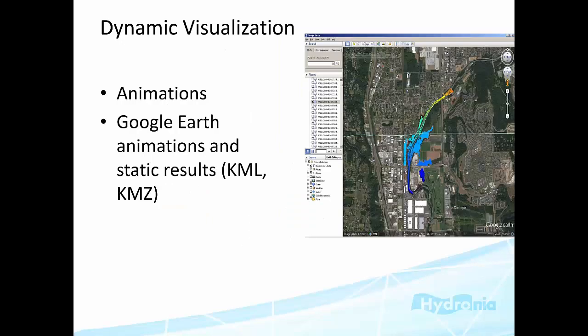In the full version, you can also export to Google Earth and view the animations there, so it's a very convenient way to disseminate the results, to share results with your clients or the communities that are interested in seeing what the impact of certain events would have on their communities.